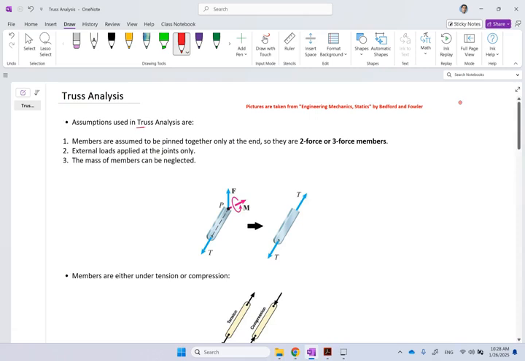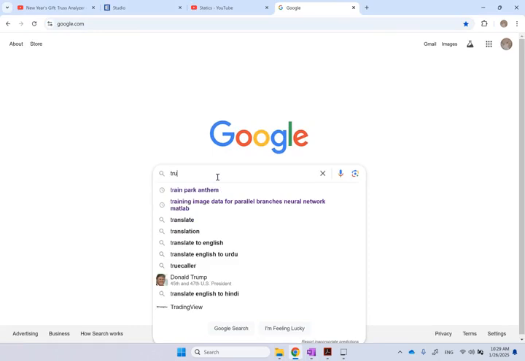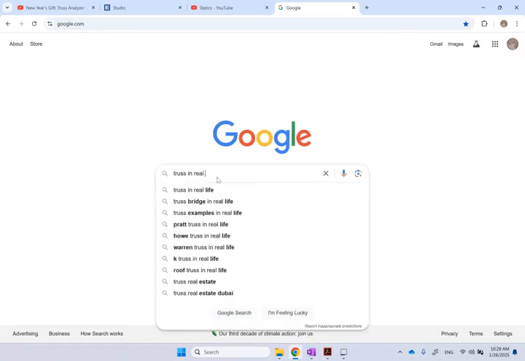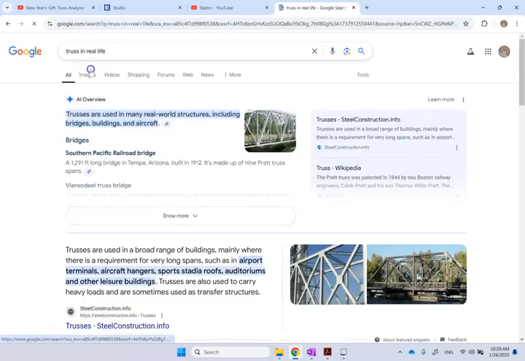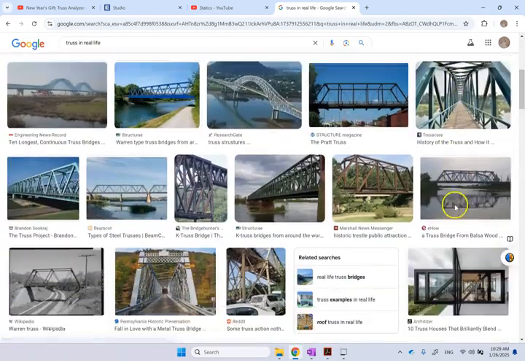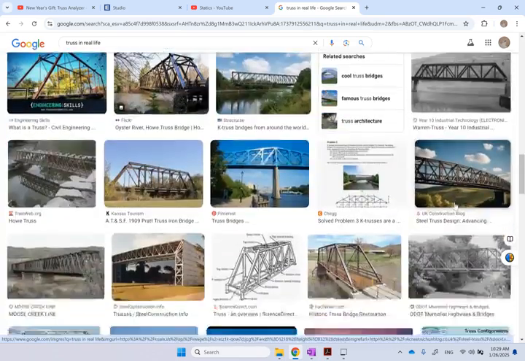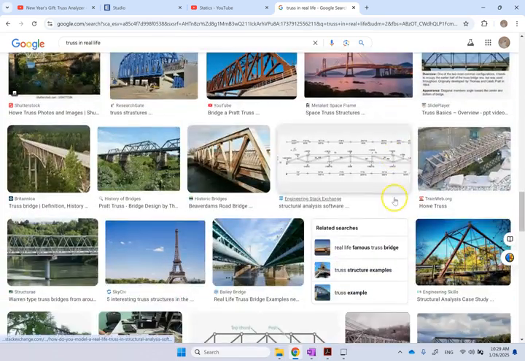So what is a truss? A truss is a structural member that you see all over the world for carrying physical loads. You can see them in bridges, and under the roofs of many houses, but the biggest thing is bridges.